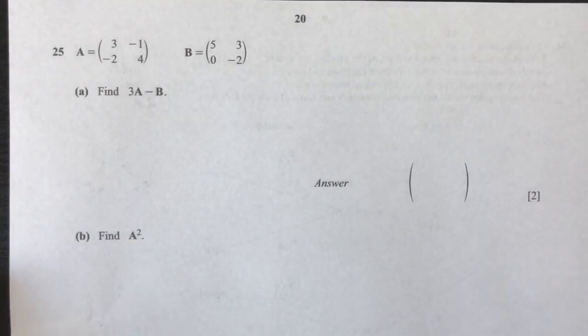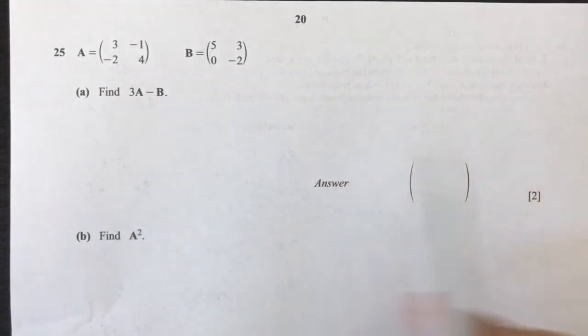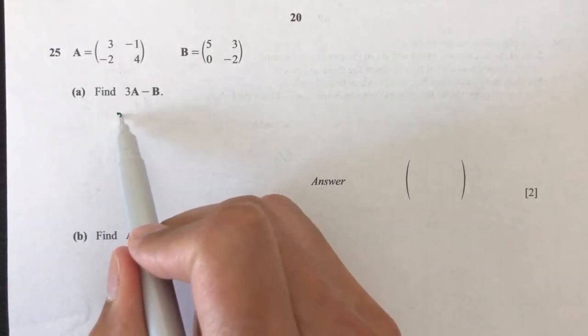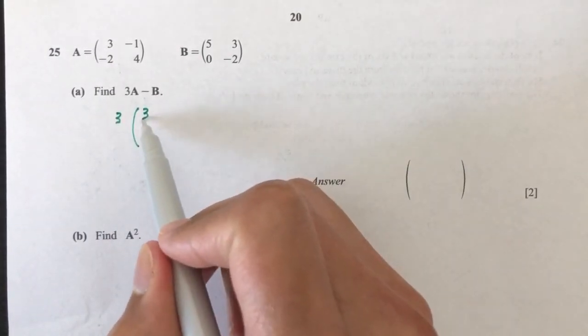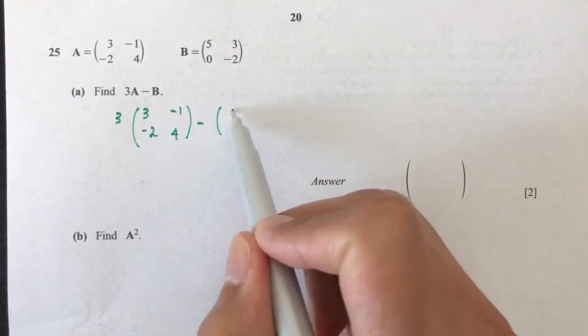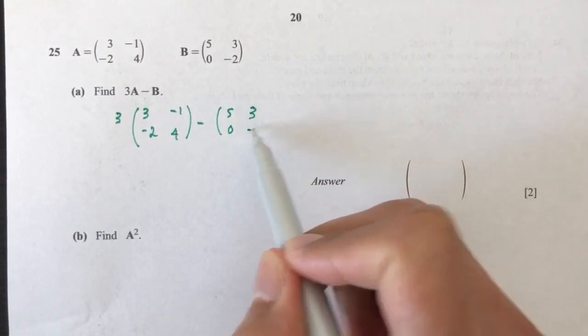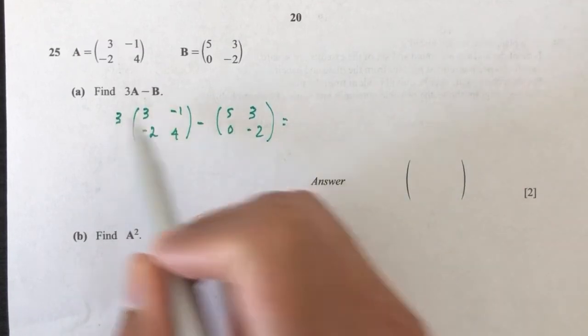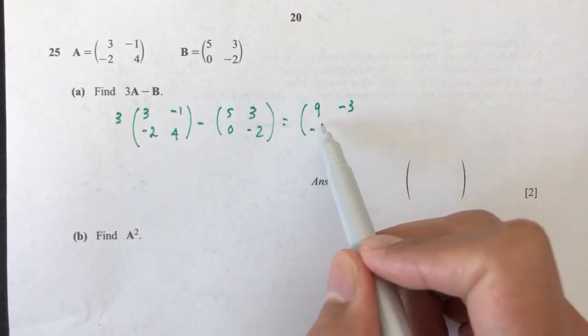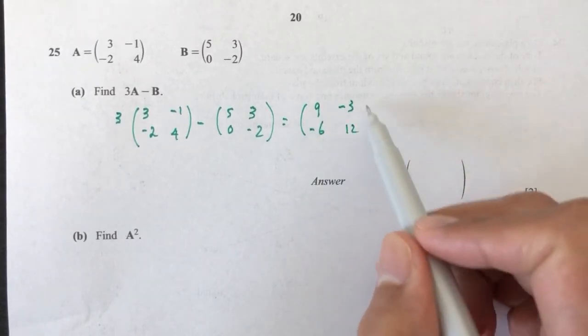And the last question, it will be matrix. We have matrix A equal to this matrix, and matrix B is this matrix. So find this. This is pretty easy. We just have to replace the value of A and B. So here we go. That's A, and that's B, right? Now if you bring this in, what do we have? We have 3 times 3 is 9, minus 3, minus 6, and 12.